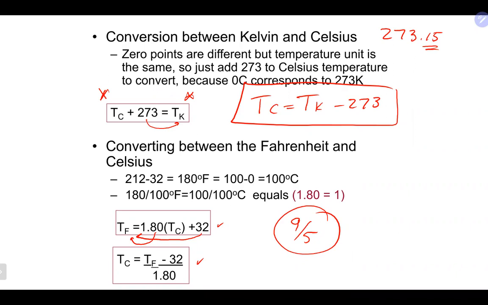This really doesn't follow strict significant figure rules, but the reason is the conversions that we use here. For example, 1.80 is here. Some people use 1.8. Some people use the fraction. So there are a lot of variations you could get in terms of significant figures. The general rule is whatever the original number looked like, the converted number should be the same.